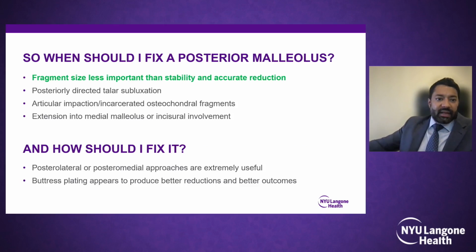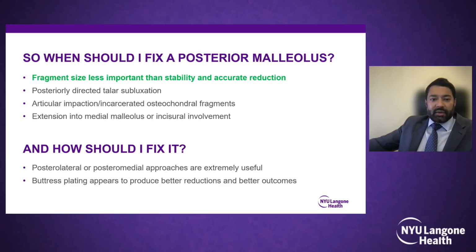So when I'm deciding when not to fix a posterior malleolus, the size of the fragment is probably less important than stability and accurate reduction. The things that I look at are any posteriorly directed subluxation of the talus, or even posterolateral, which is going to make me lean towards fixing the posterior malleolus.